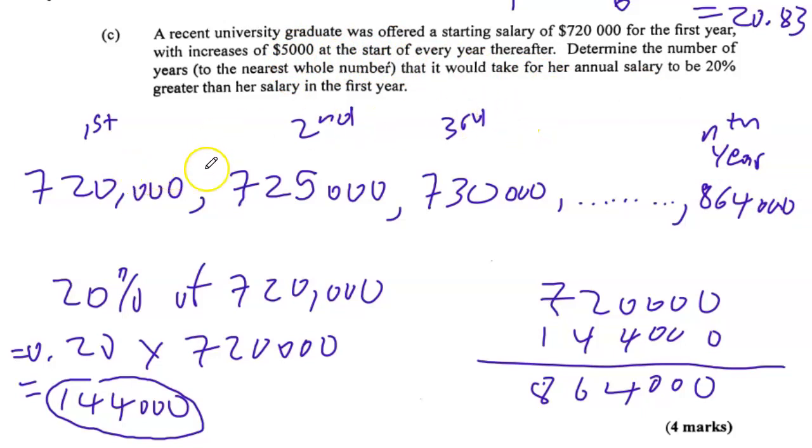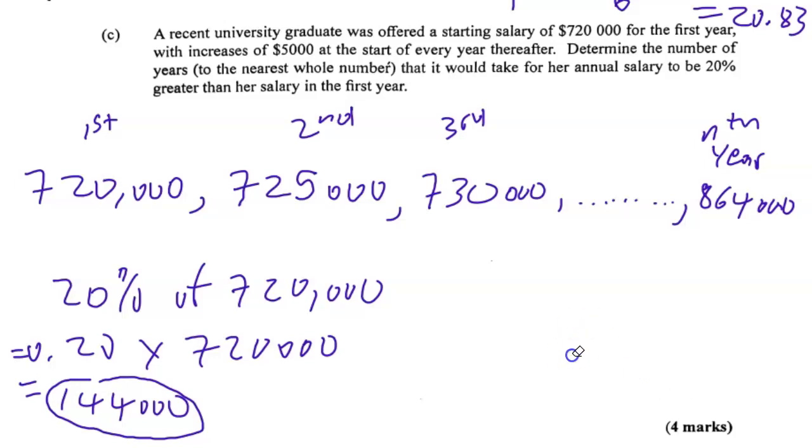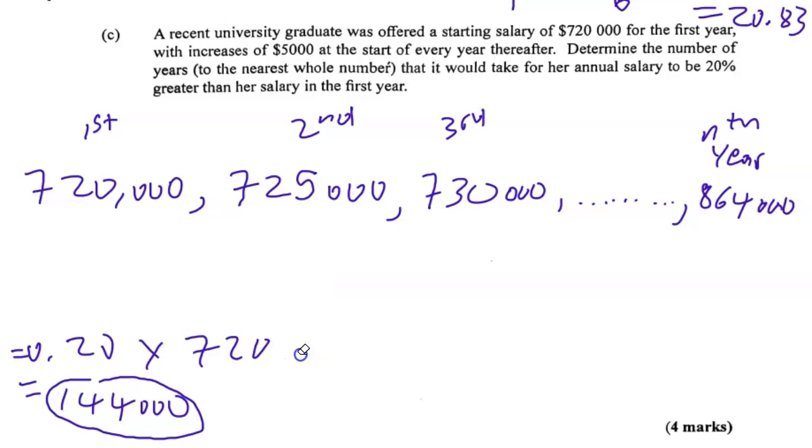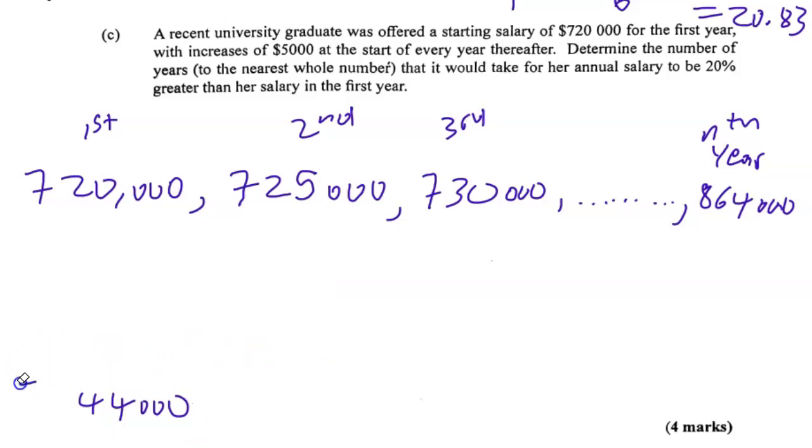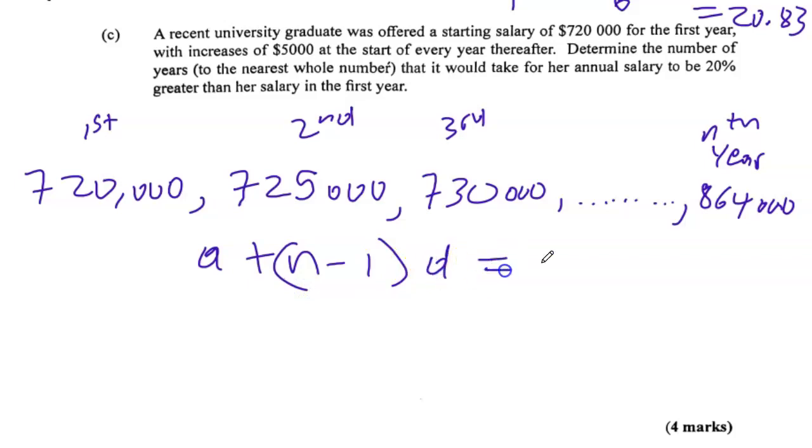So of course it's an AP. Now the formula for an AP is a plus n minus 1 d, which is equal to the nth term.